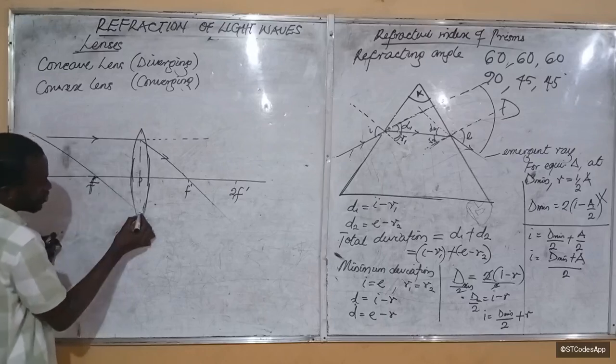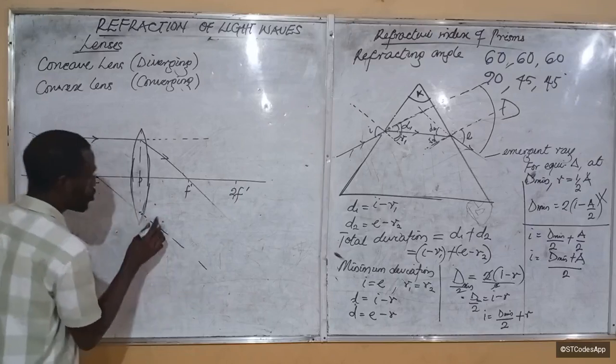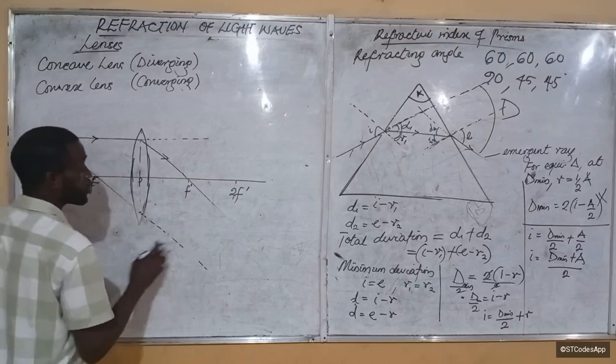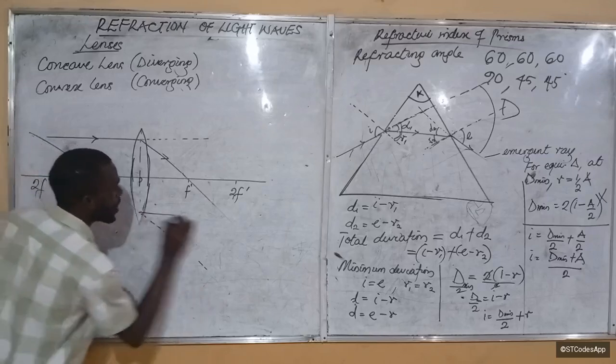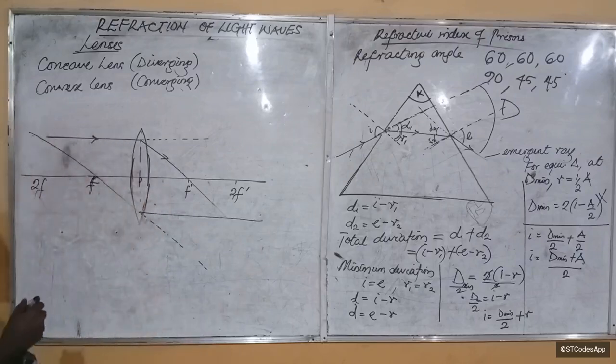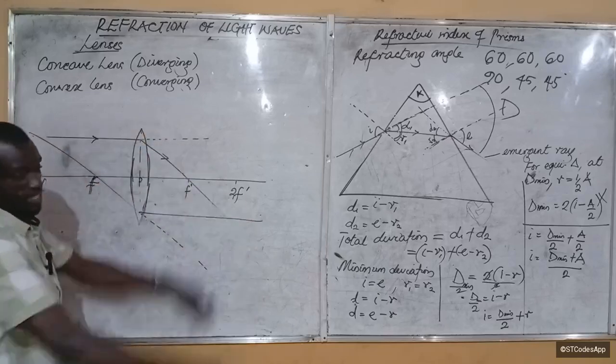You see that this ray of light stops here at the center. Instead of continuing on its path, it will refract. It will bend in a direction that is parallel to the principal axis. You see that?